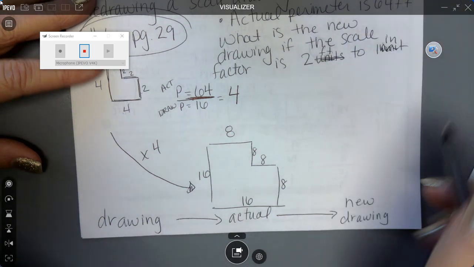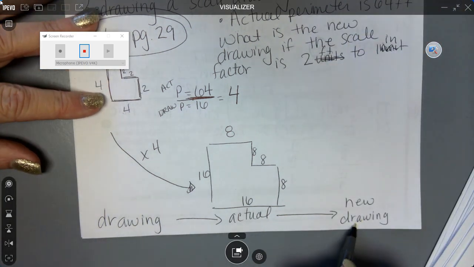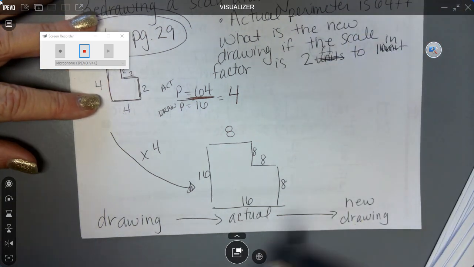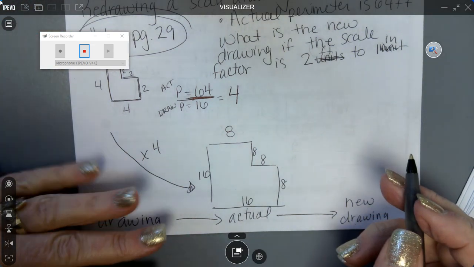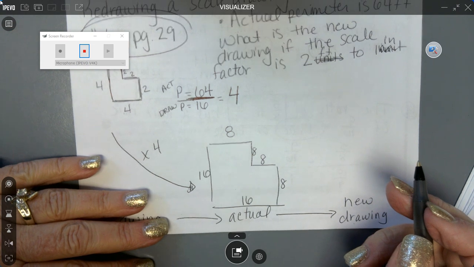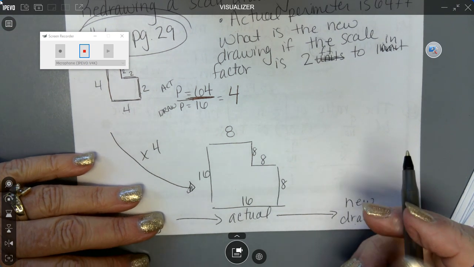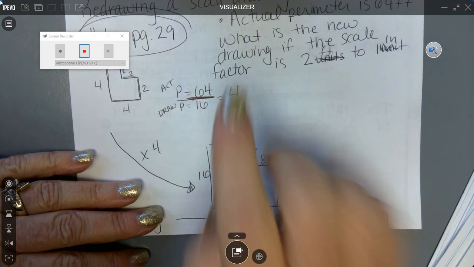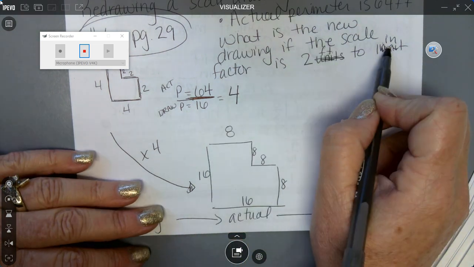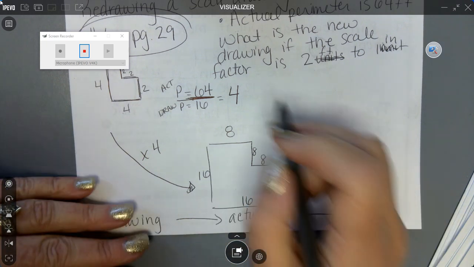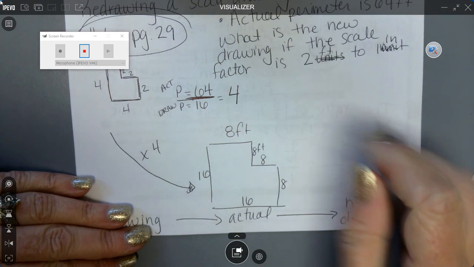Now, I'm going to my new drawing. It's a drawing, so I'm going from the actual to my new. So what do I do with my scale factor? Wait, no. What is the new drawing if the scale factor is 2 feet to 1 inch? That means every 2 feet on here is 1 inch on here.